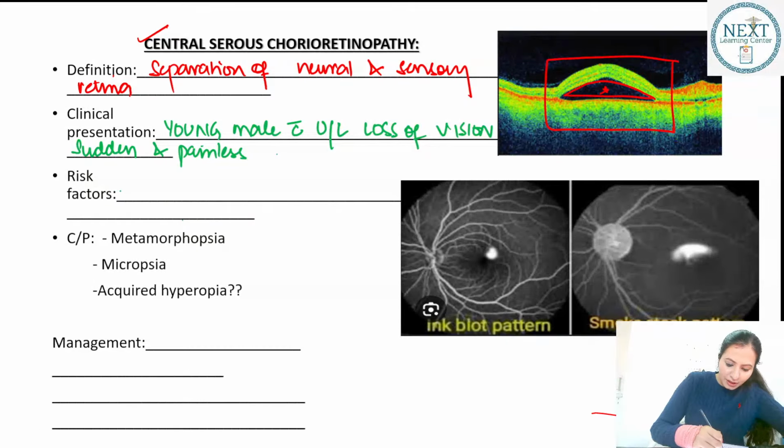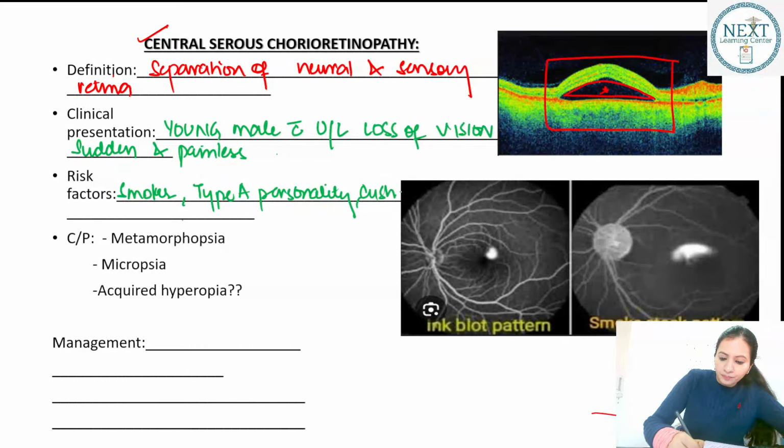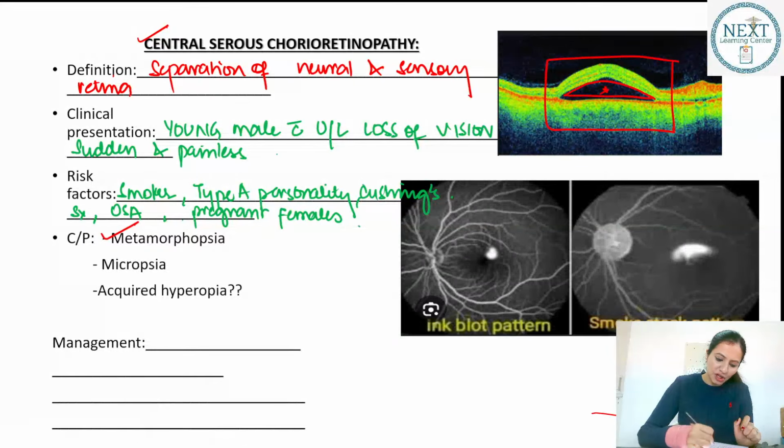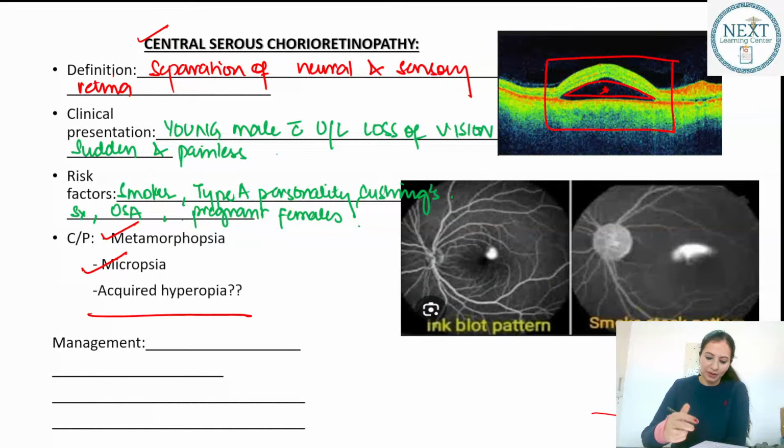Now risk factors include, yes, a young male who is a smoker, who is type A personality, who has Cushing syndrome, then history of obstructive sleep apnea or common in pregnant females. Clinical presentation, very important whenever you are having metamorphopsia or micropsia, and in this you even see acquired hyperopia.